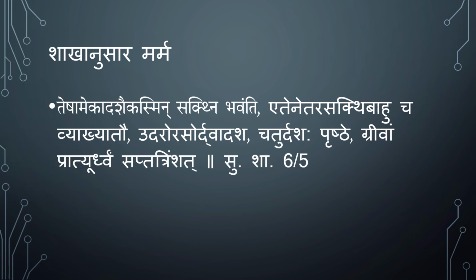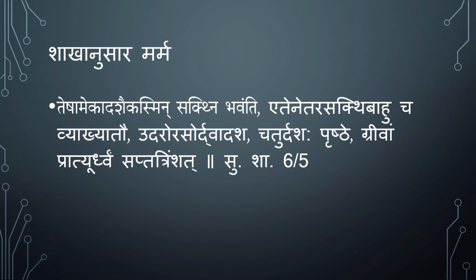So here sakni means the limbs. Ekadasha, that is 11 marmas are present in the limbs. Etenetara saktibahu cha vyakhyatau: in each limb 11 marmas are present. So 11 into 4 shakhas, total 44 in number.